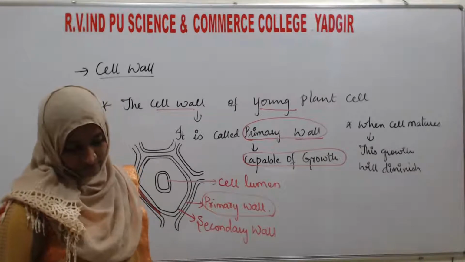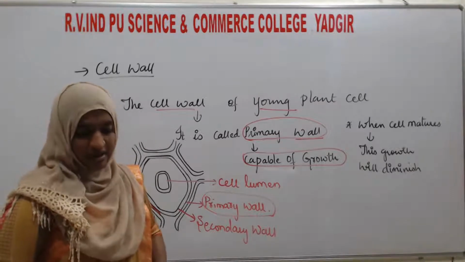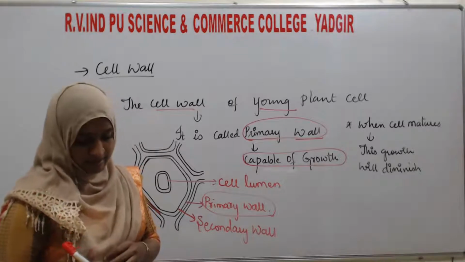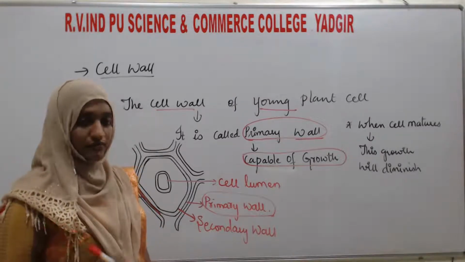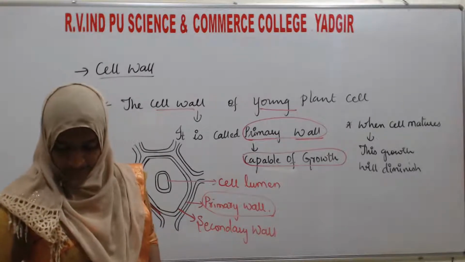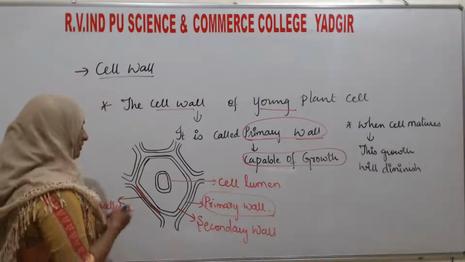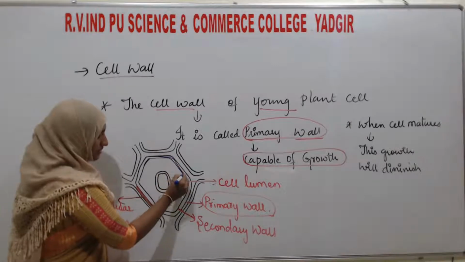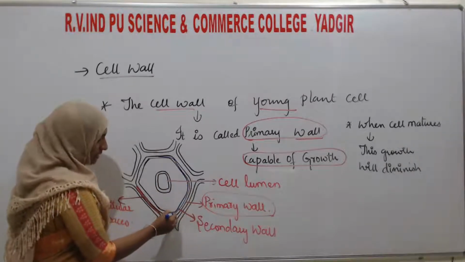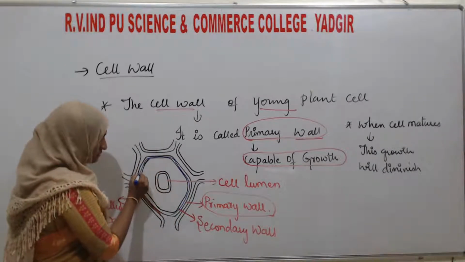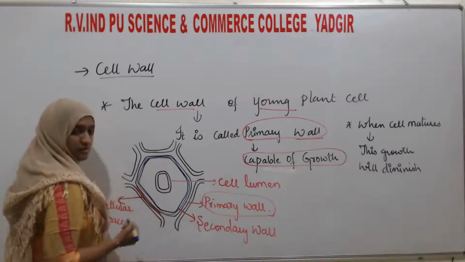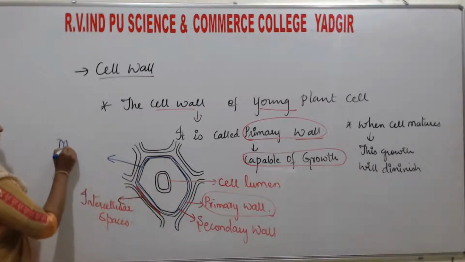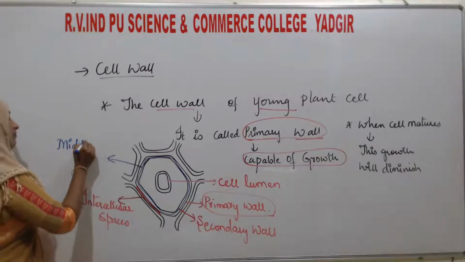Okay, one more layer is there, that is the middle lamella, which is mainly composed of calcium pectate. Here you see, in between the primary and the secondary wall, there is a presence of a middle layer, and this middle layer is known as the middle lamella.